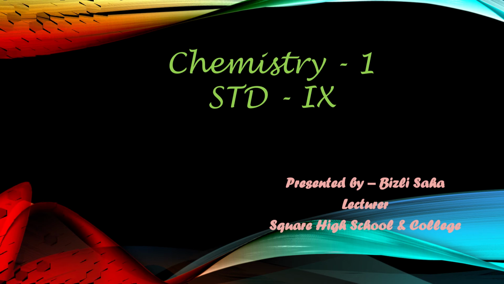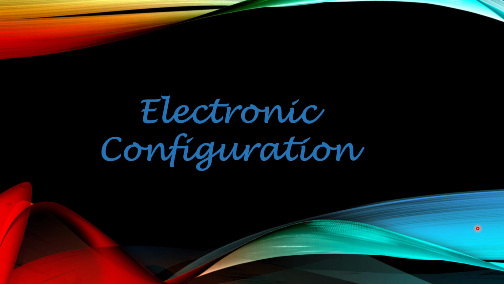Dear students, today in this class, we will learn about electronic configuration. We know that electrons are arranged in different energy levels or orbits according to their electron holding capacity. In junior classes, we learned about this. That time, we got an idea only about orbits.